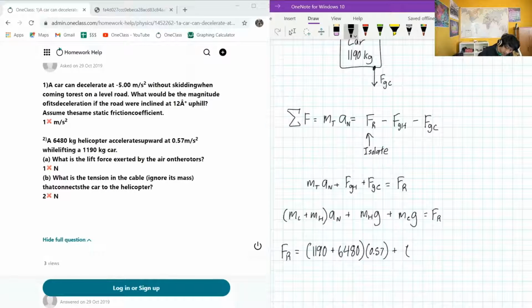Actually, for these two, we can factor out the g, so it'll be a little bit easier. So 9.81 is the acceleration, multiplied by 1190 plus 6480.